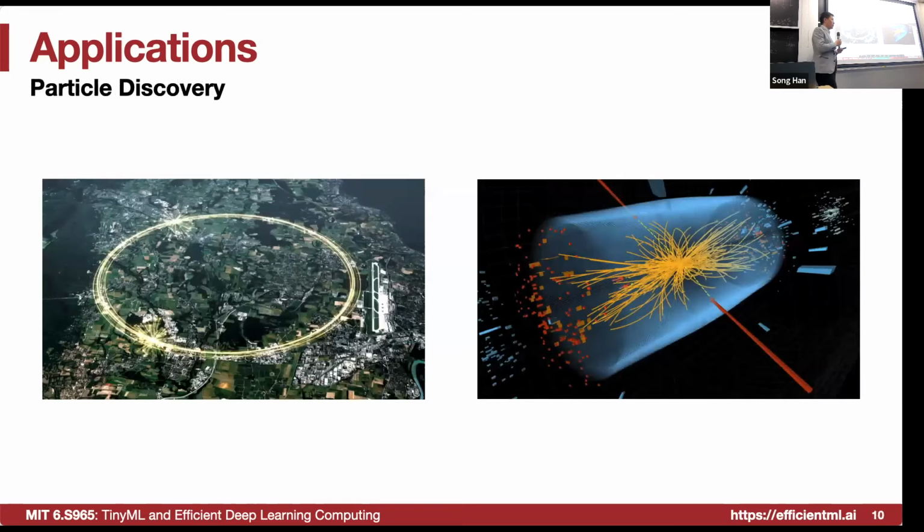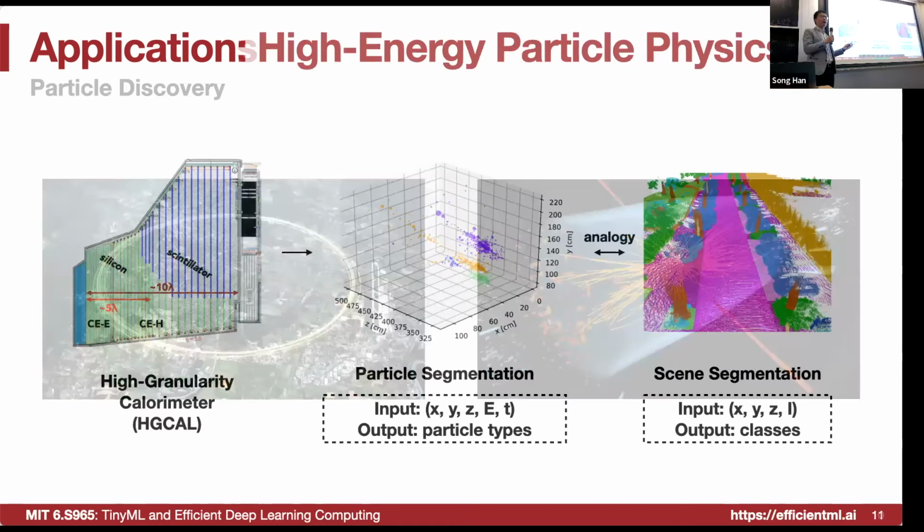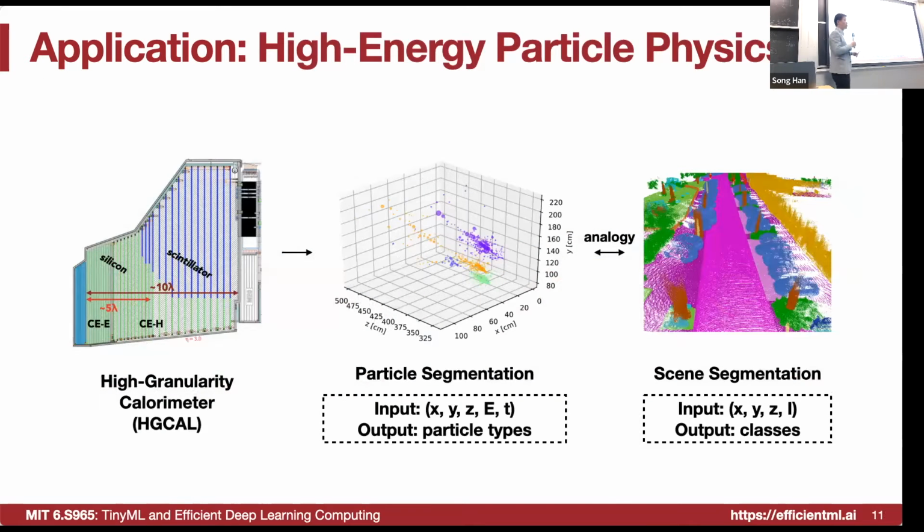And also point cloud is widely used in scientific discovery. For example, in high energy physics, which is from one of our collaborators, they are doing particle discovery using such a high energy collider, right? And we want to filter out those particles, whether they are interesting particles or they are noise, right?